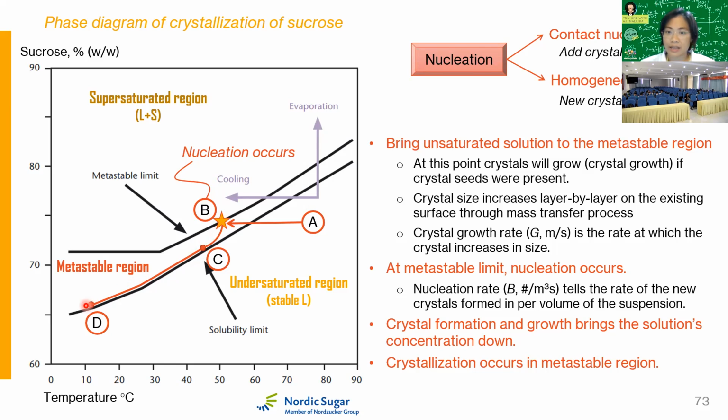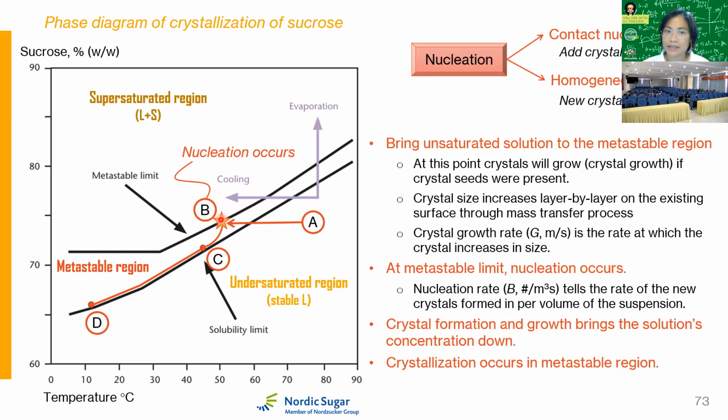It will accumulate layer by layer through the mass transfer process. Everything in crystallization occurs in the metastable region, and the nucleation can spontaneously occur once it reaches the metastable limits.